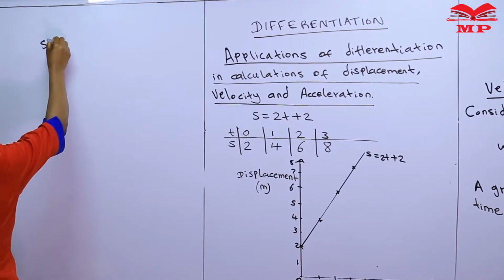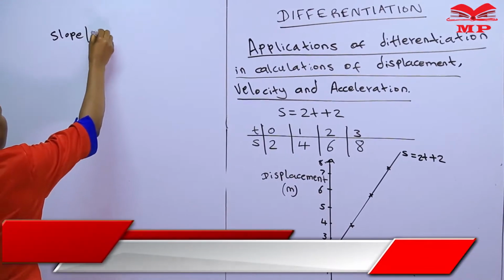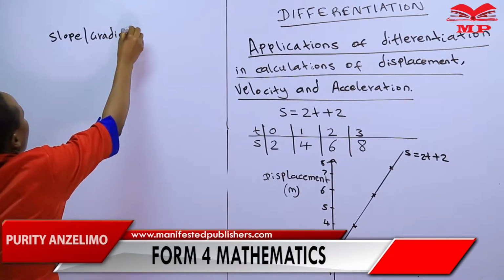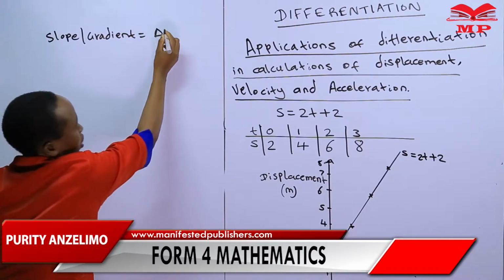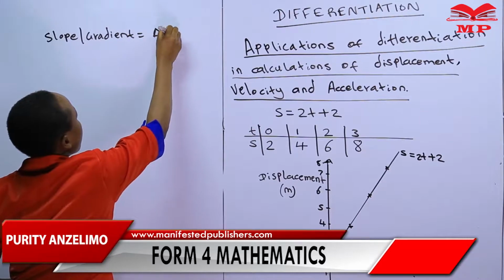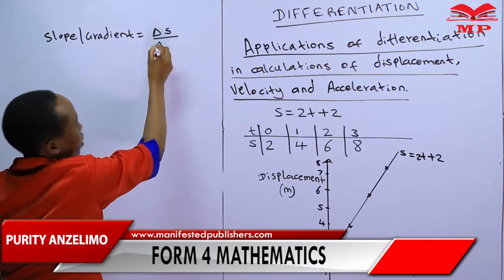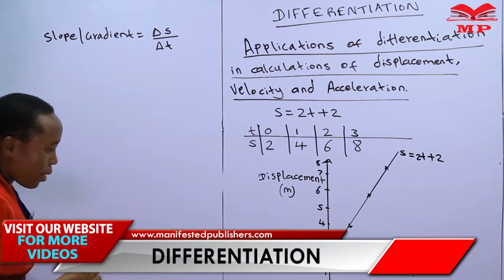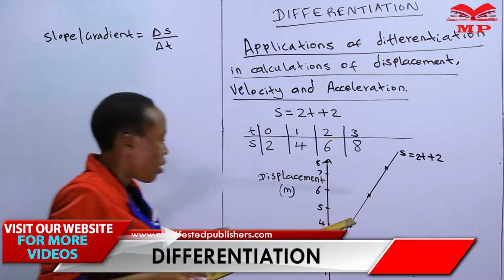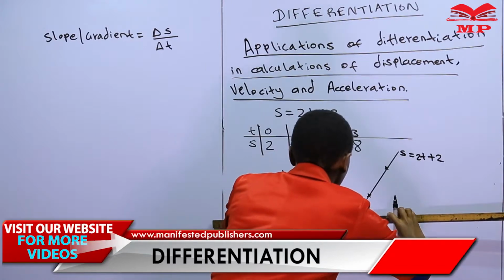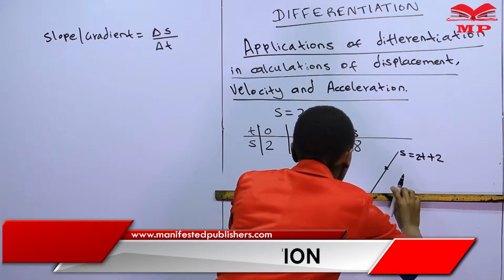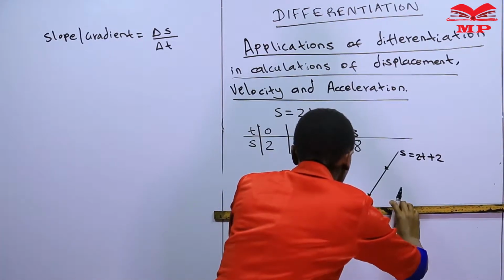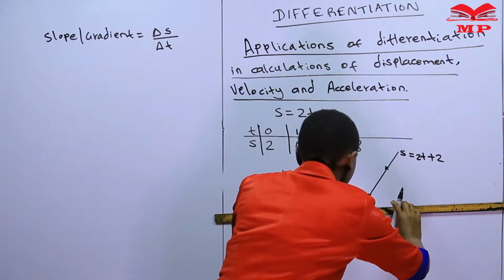So we get the slope, or the gradient, which is given by change in displacement, that is S, divided by change in time t. So we simply come and get some points here. You can come and get the point that you want to use.